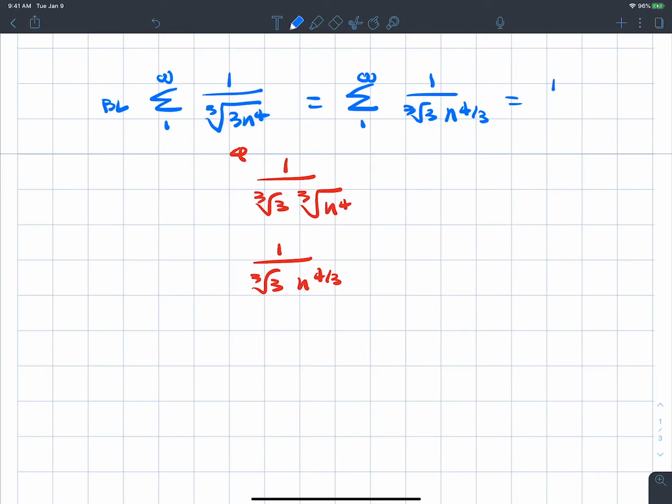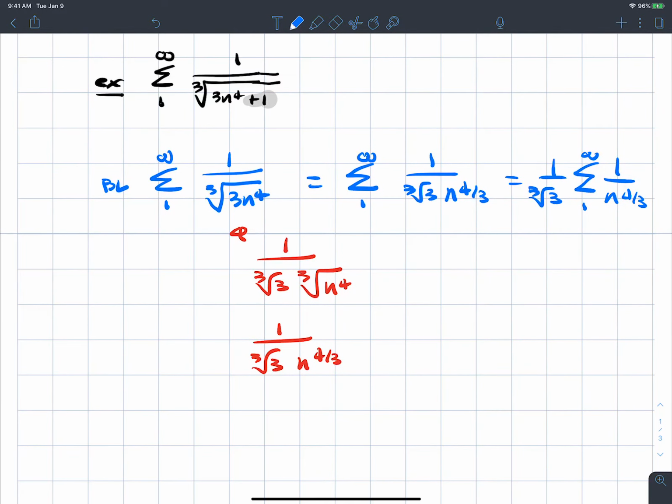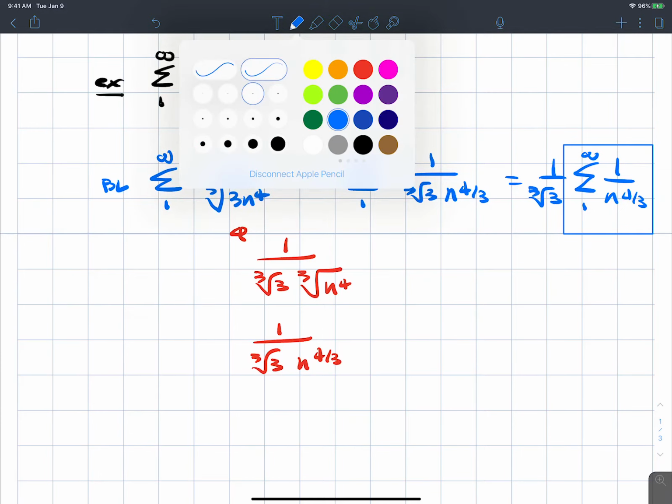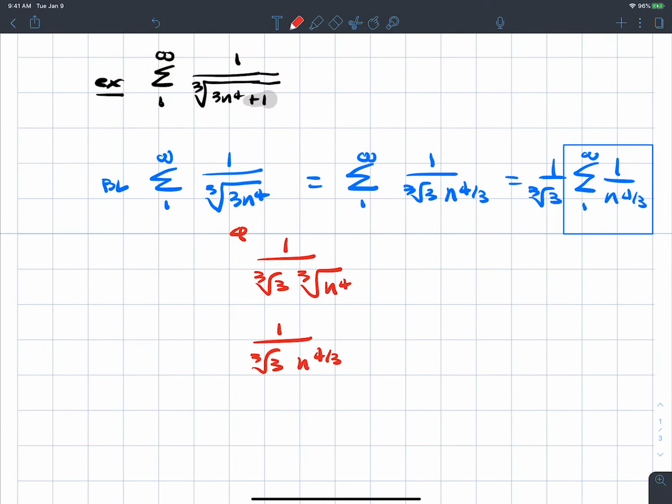I can pull out the constant, 1 over cube root of 3, times the sum of 1 over n to the 4/3 from 1 to infinity. So we're really going to compare it to this series here. And we know that this is a convergent P series.